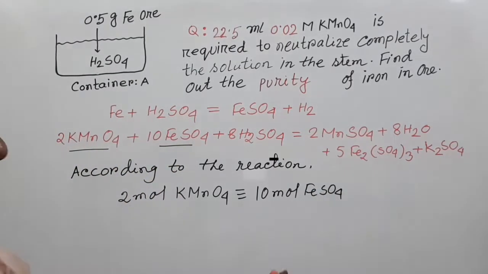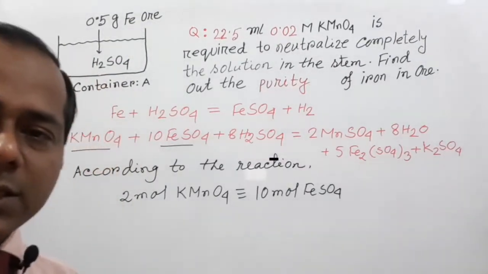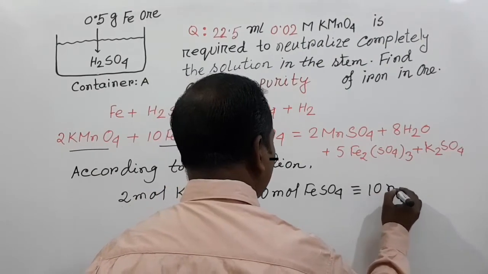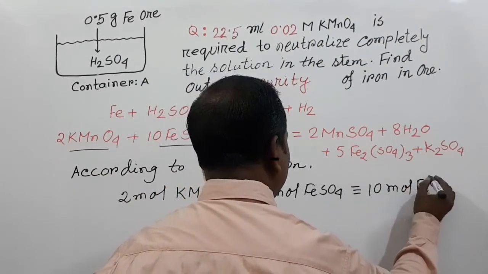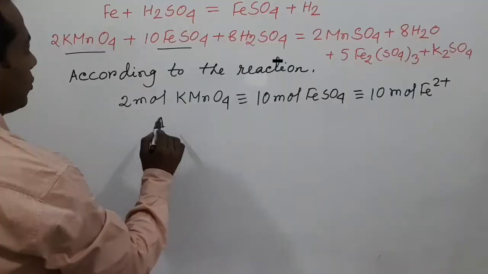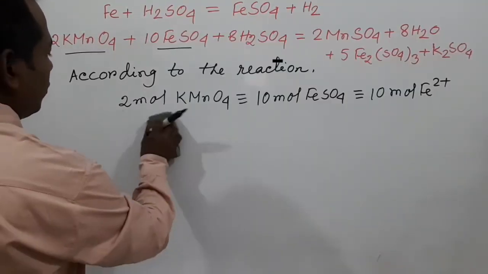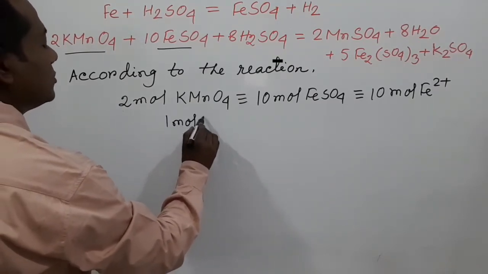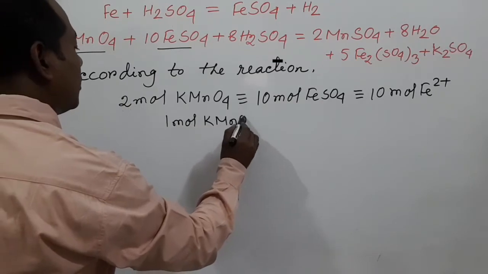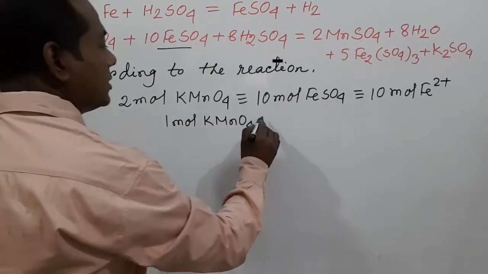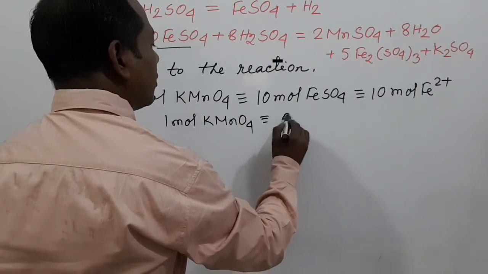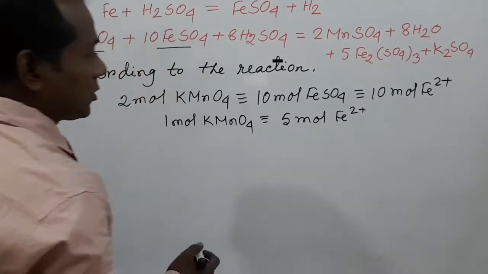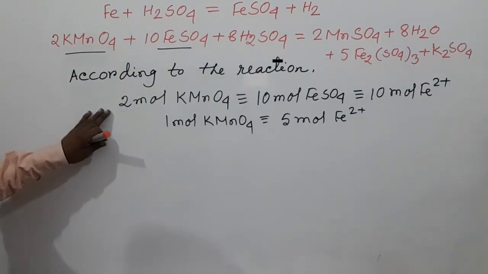Here sulfate ion is a spectator ion, so we can write equivalent to 10 mole Fe2+. Now we can write 1 mole KMnO4, that means potassium permanganate, is equivalent to 5 mole ferrous ion according to this relation.